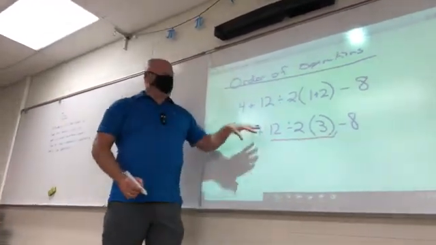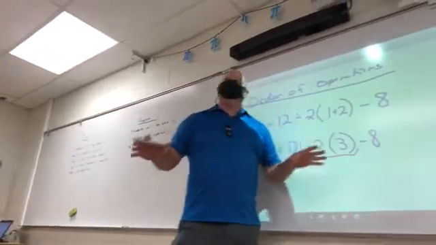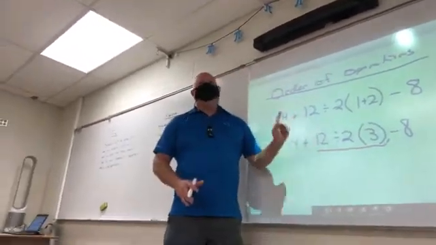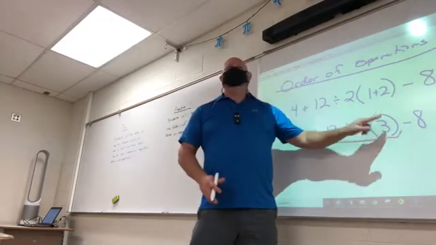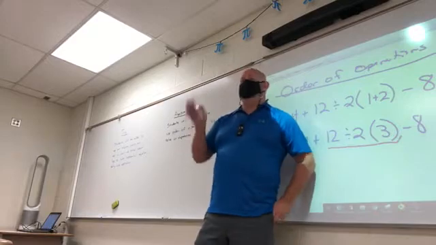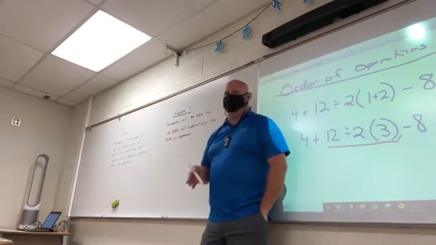I'm not going to worry about the plus 4 because that's adding and subtracting. I'm not going to worry about the minus 8. That's adding and subtracting. But in here I have a choice. I can divide first or I can multiply first. This is where people screw this up all the time.